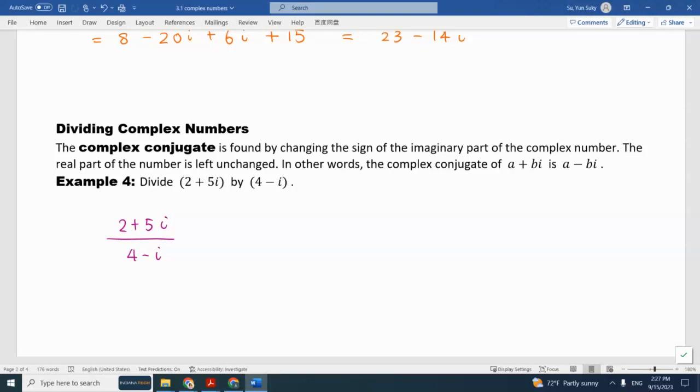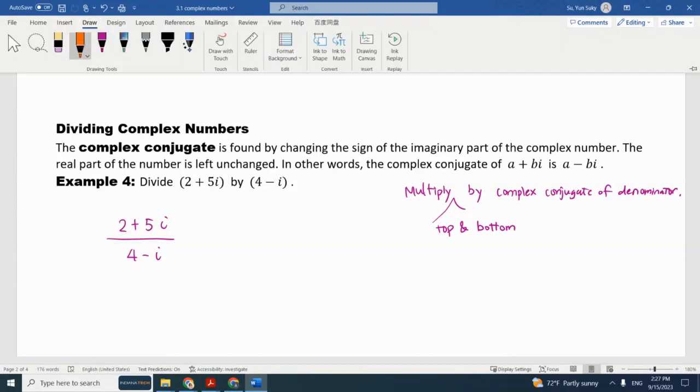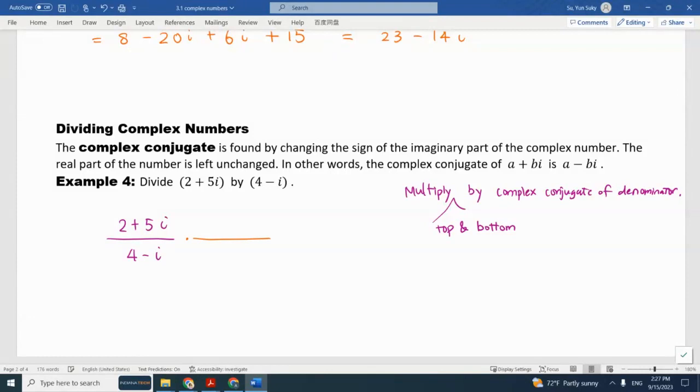Alright. So how do we divide complex numbers? We multiply by the complex conjugate of the denominator. And you multiply the top and bottom by this. So in this problem, we multiply the top and bottom by the complex conjugate of the denominator.